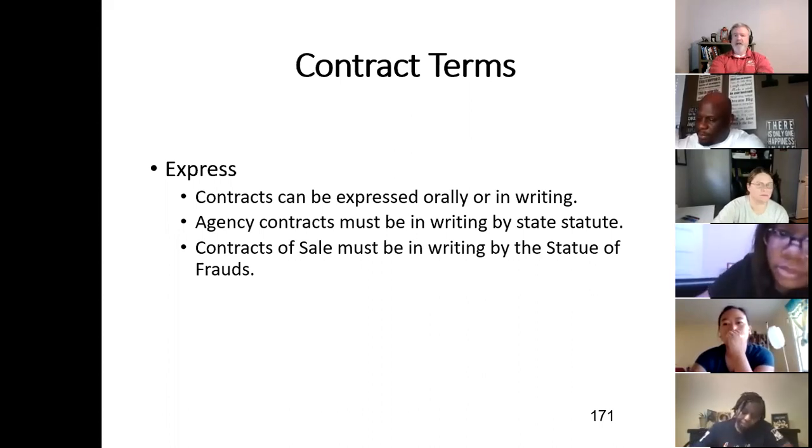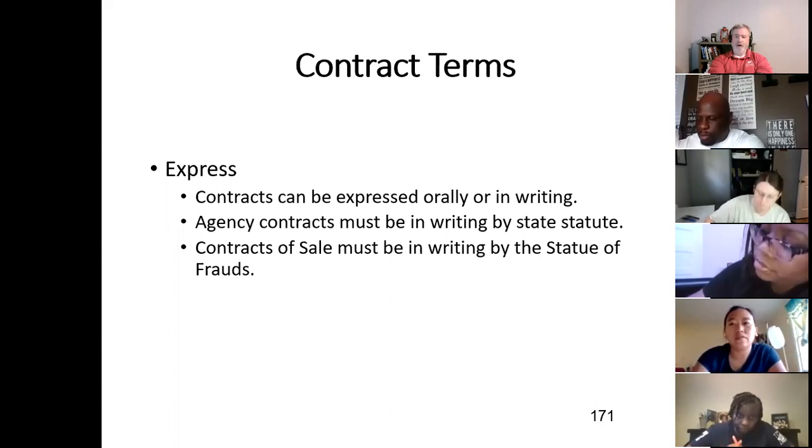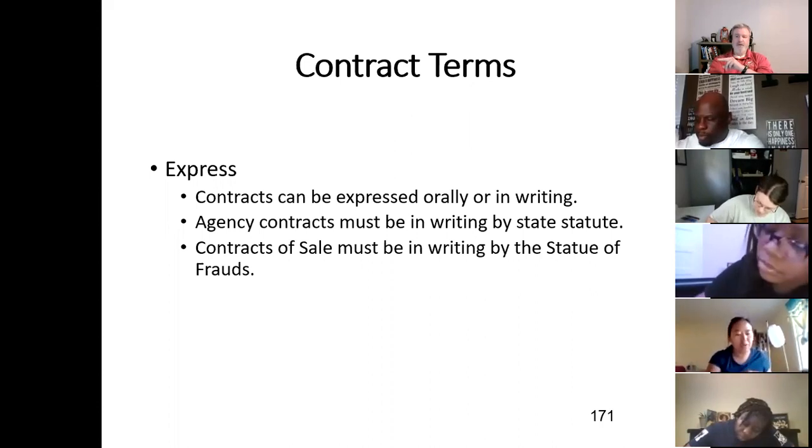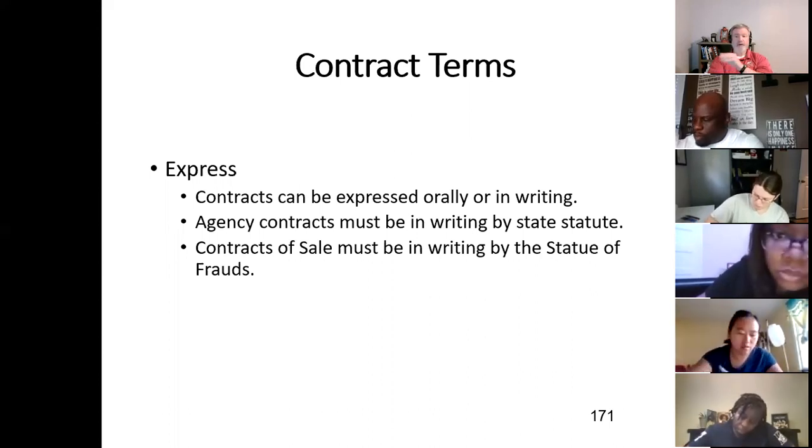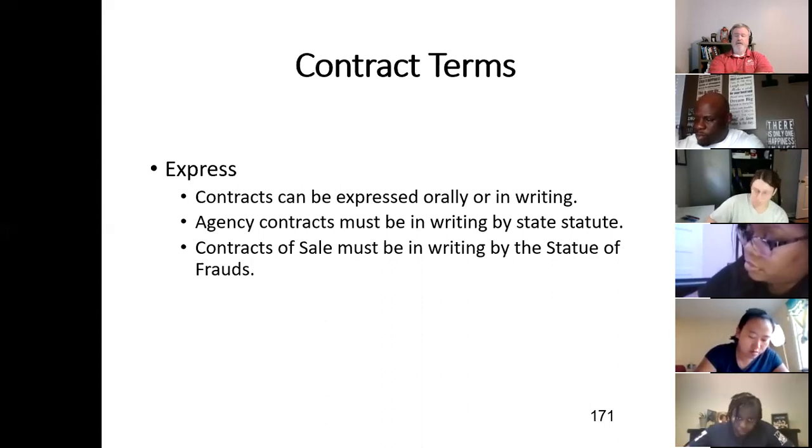So again, agency contracts must be in writing, but then you'll also see contracts of sale must also be expressed in writing. But what I want you to pay attention to here, at least with these two types of contracts, is what requires them to be in writing, because it's different things. You'll notice it says the agency agreements or contracts must be in writing because of state law or state statute.